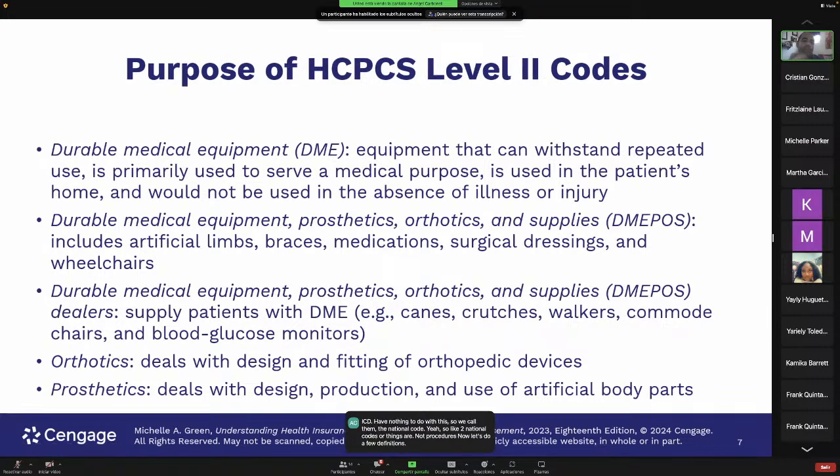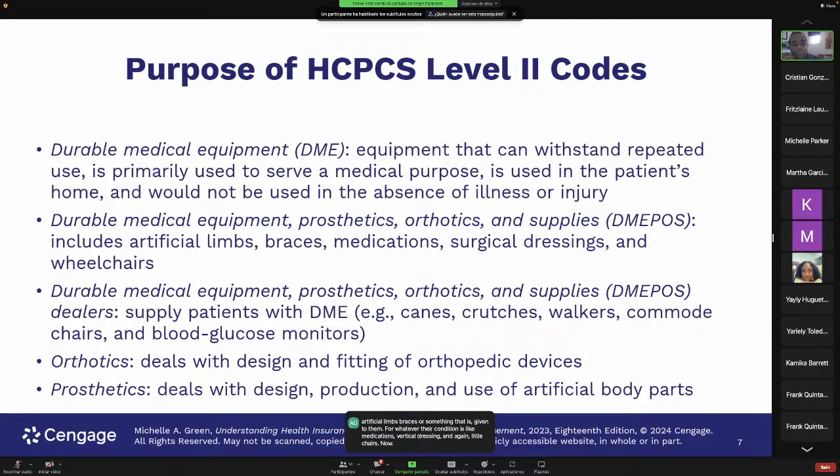Definition number 1: durable medical equipment, or DME, is equipment that can withstand repeated use and whose primary use is to serve a medical purpose. It is given to the patient, so it's something that the patient will take home, or wear: artificial limbs, braces, or something that is given to them for whatever their condition is, like medication, surgical dressing, and again, wheelchairs.